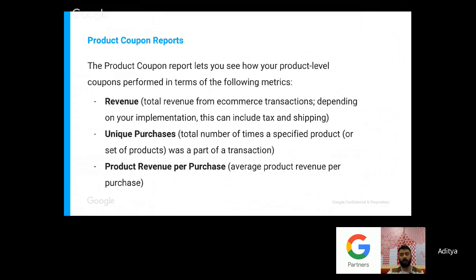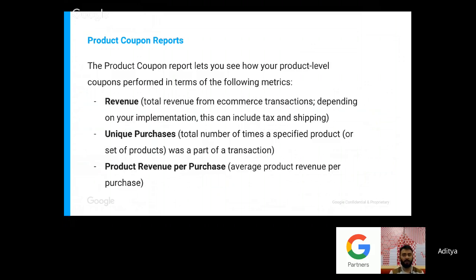Okay. Now, apart from order coupon reports, we also have product coupon reports. Now, what is the difference? The difference is extremely basic. These coupon codes can be applied at the product level, and not at the order level.